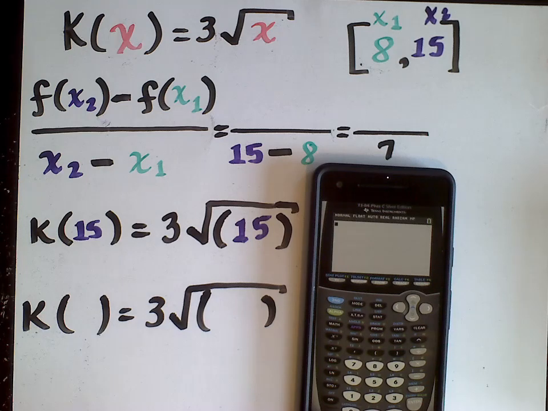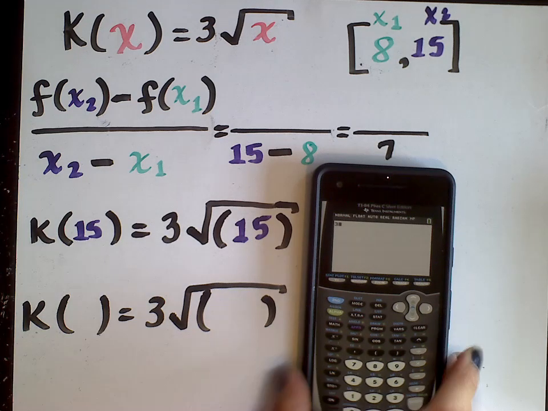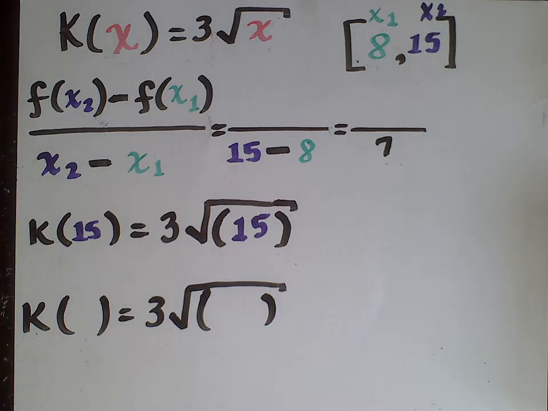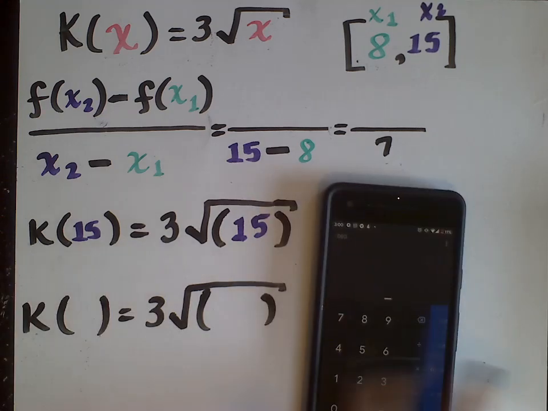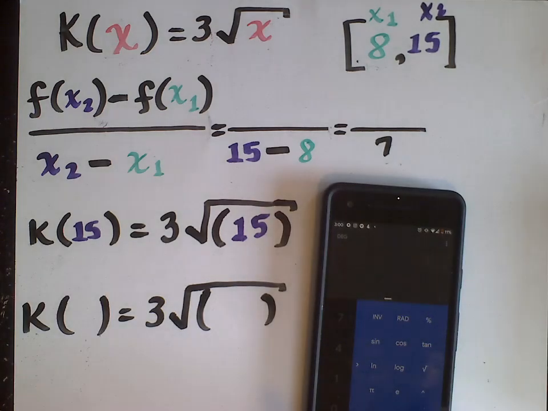But I can do a lot more that I can't do in a regular calculator, because my regular calculator does not always give me a square root symbol. In this case, this one does. So we can use either or.